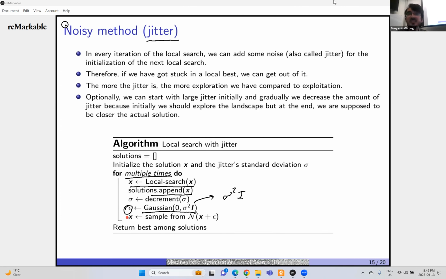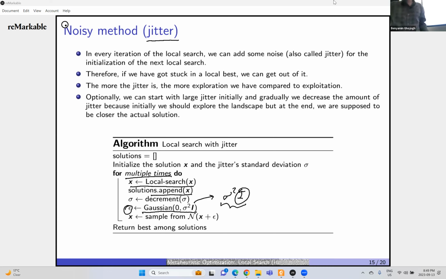Because my x is d-dimensional, right? Therefore, the noise also needs to be a d-dimensional vector. So its covariance becomes a covariance matrix, and this I is the identity. When I say sigma squared I, it means that in every direction in the space, I don't care, the Gaussian is the same.